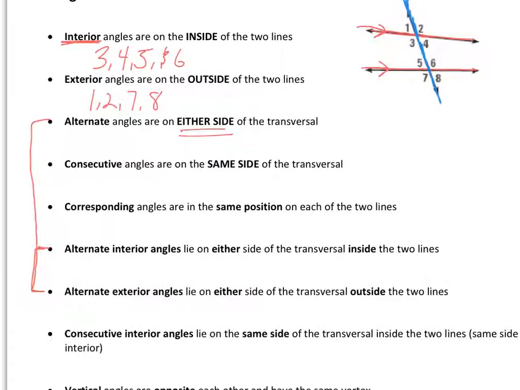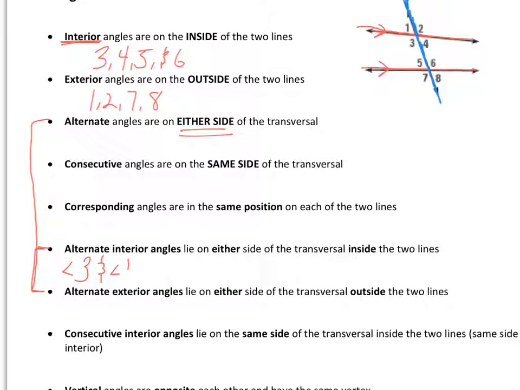All right, so I'm going to scroll up here a little bit. For my first set of alternate interior angles, I'm going to choose angle 3. There's angle 3. And what's on the other side of the blue line? Well, that would be angles 4 and 6 as my two choices. But angle 4 shares the same vertex, which I don't want. That's just adjacent to angle 3. So I would like angle 3 and angle 6.